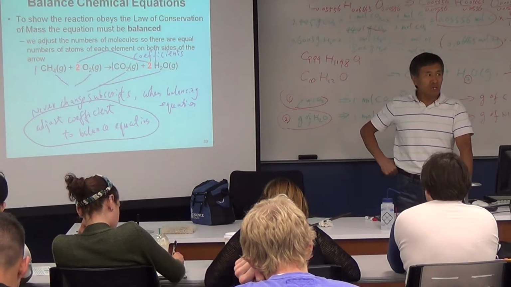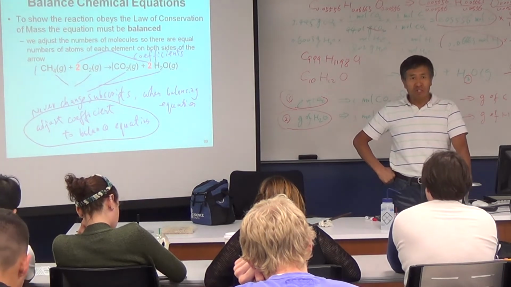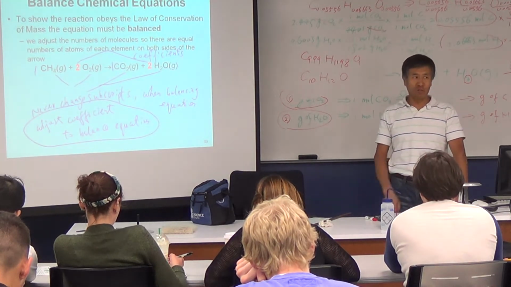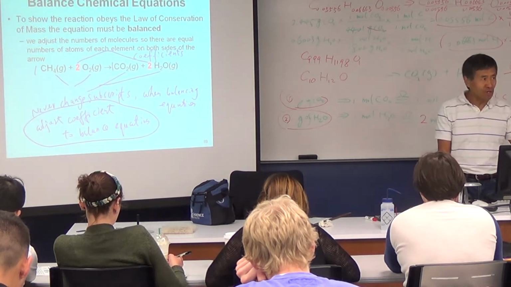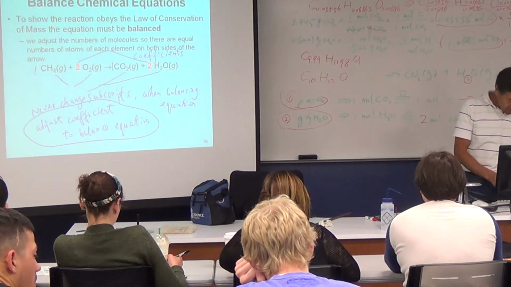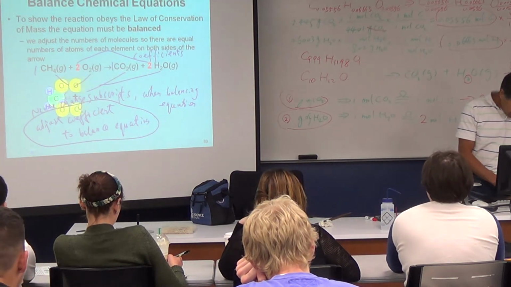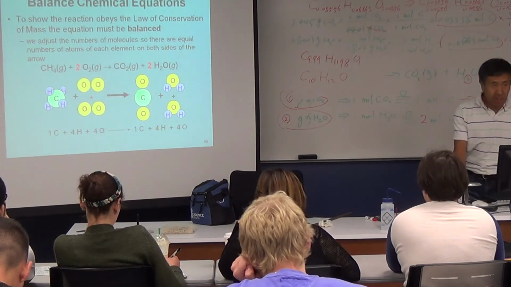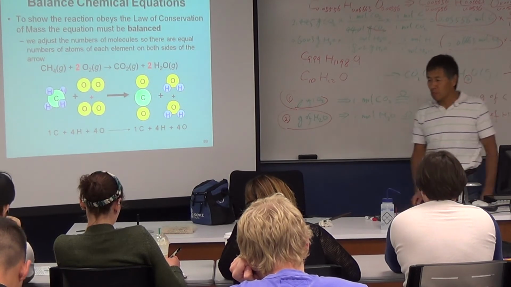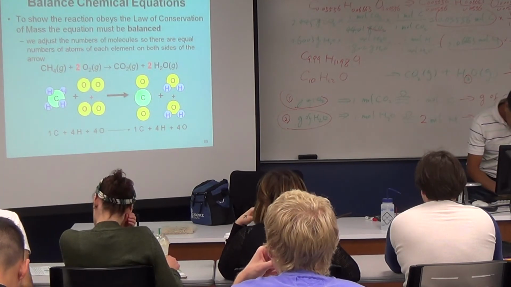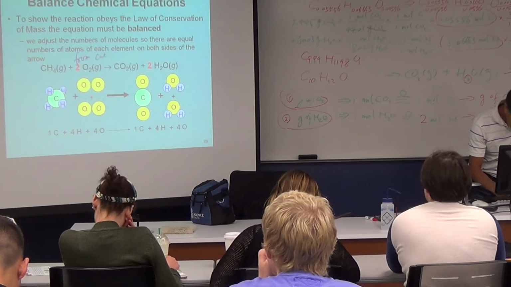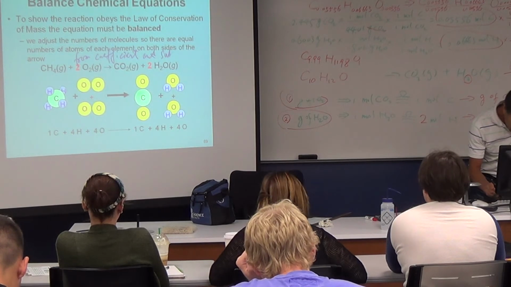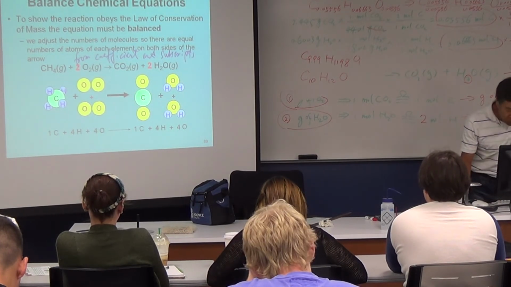So when you balance the equation, you just adjust, change those coefficients, to get the same number of atoms. Right. So then you know how to calculate how many atoms from the coefficient and subscript together.